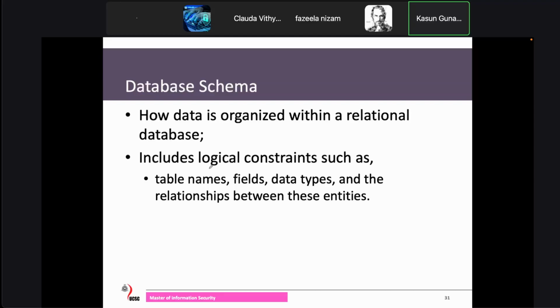The database name, table names, table fields, the data types, and the relationships among the entities are all about how we are going to keep this data. That is what defines the database schema.